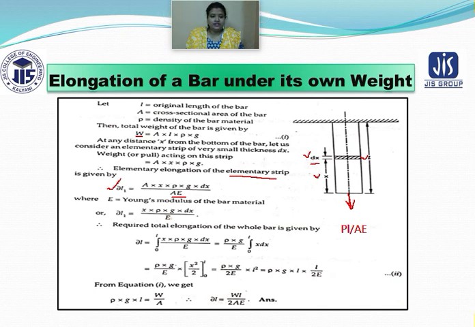And the remaining equation you have achieved for change in length is x into rho into g into dx by your modulus of elasticity, E. Here x is the distance from the free end to the elementary strip, rho is the density of the material, g is the gravitational force, and dx is the thickness of the elementary strip that you have considered, divided by your modulus of elasticity.